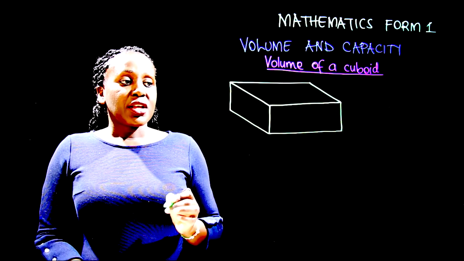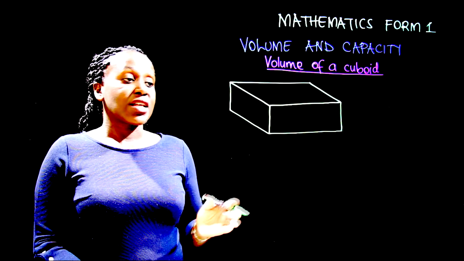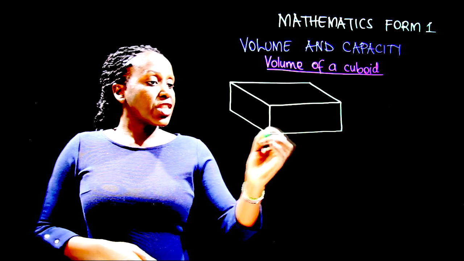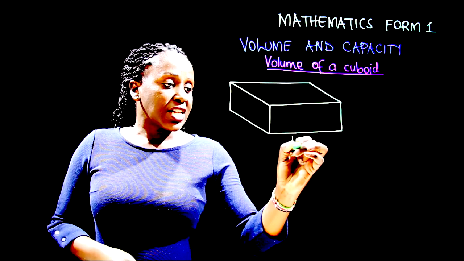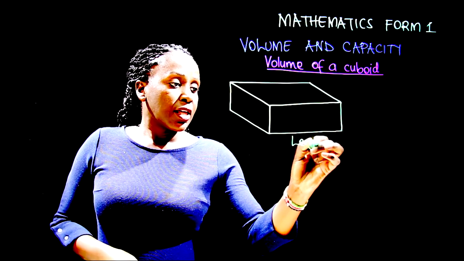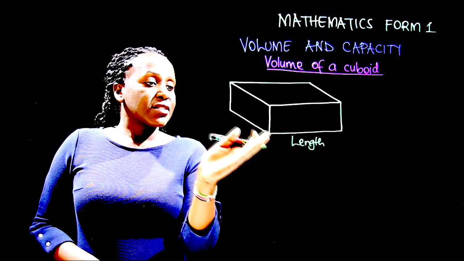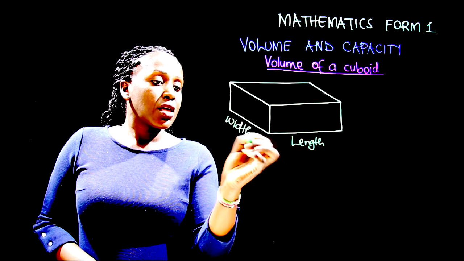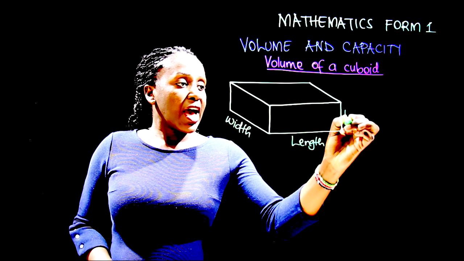Now in this cuboid, there are three dimensions that we must take note of. The longer side is known as the length. Then this is known as the width. And then this is the height.